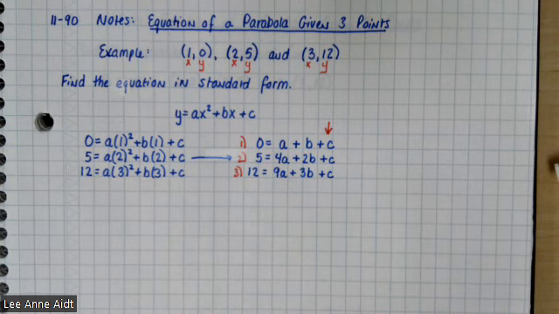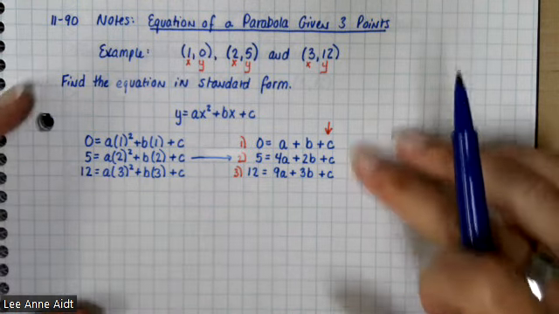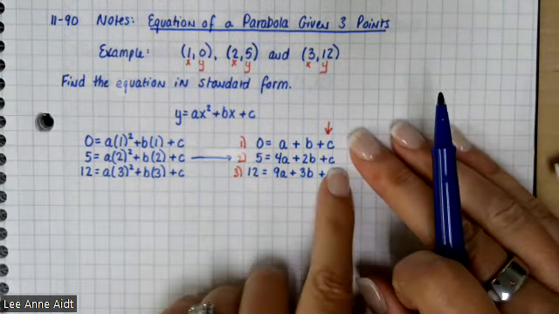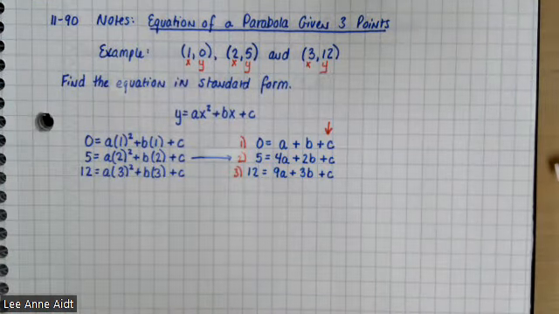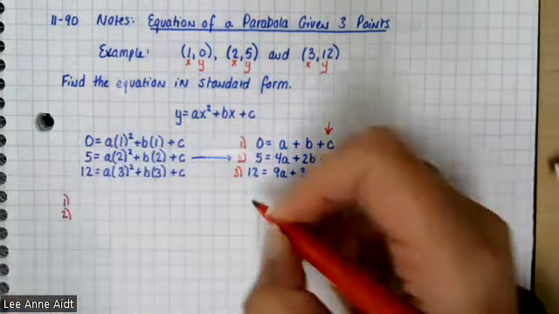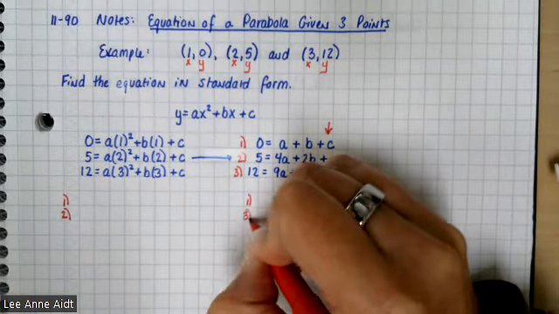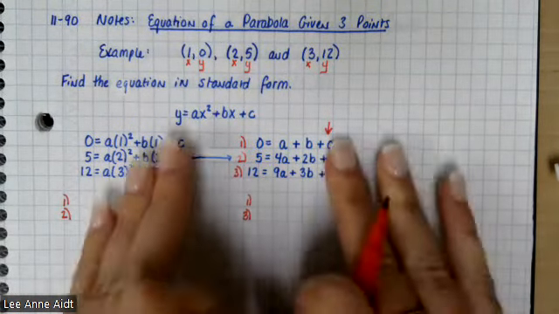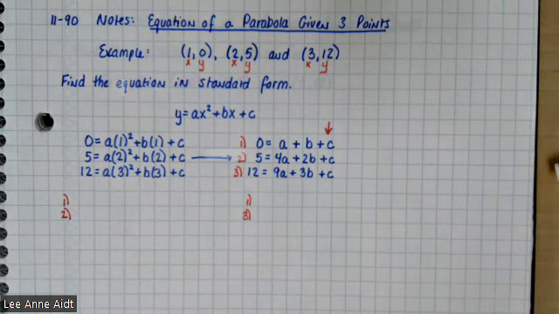Because they're all plain c. That makes it the easiest one to eliminate. I don't even question what to eliminate here. I just eliminate c immediately. So I always group them together the same way too. I do 1 and 2 and 1 and 3. I don't even think about it. It doesn't matter because c is always just going to be plain c.